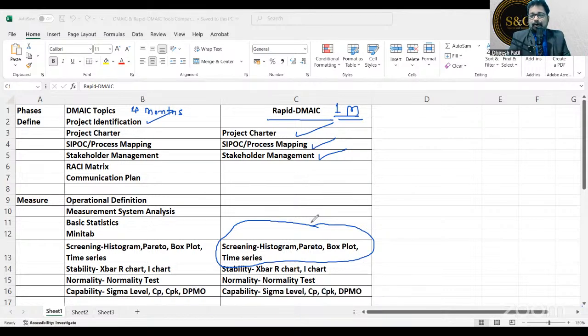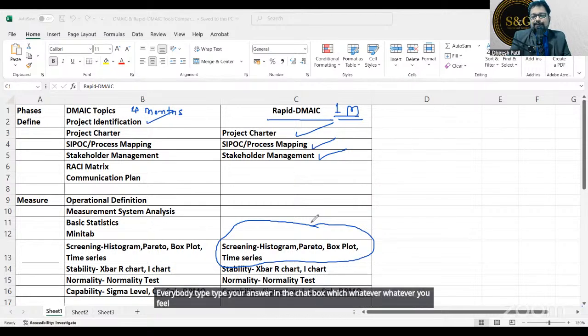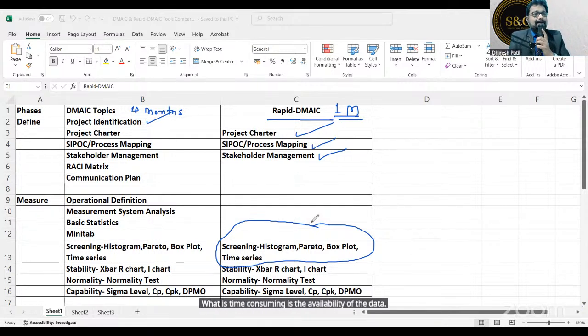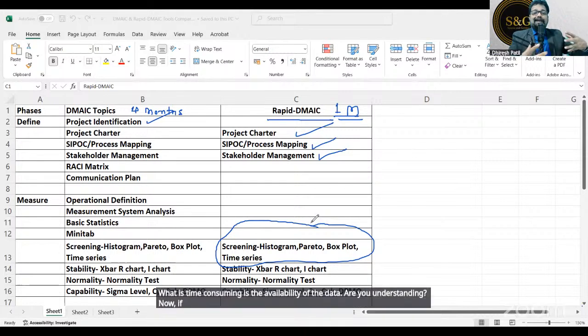Everybody type your answer in the chat box, whatever you feel. Few seconds, 5 minutes, 1 minute. So literally no time, right? What is time consuming is the availability of the data. Are you understanding? Now, if you master Minitab, and that's what we do almost every week, some kind of Minitab exercises every week.